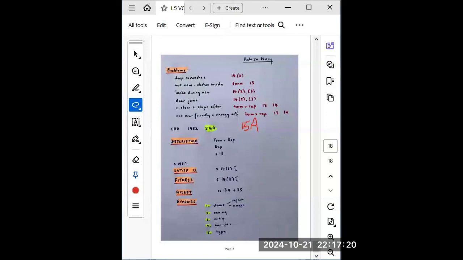I'm explaining to our clients straight away, if we do find a breach of 13 and 14, these are implied conditions subject to 15A. That is my introduction, and that's a standard introduction.